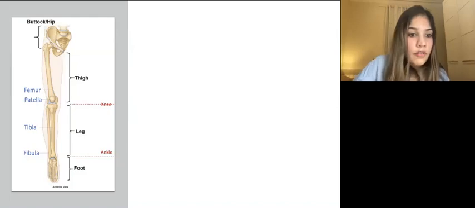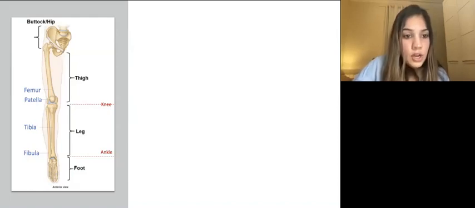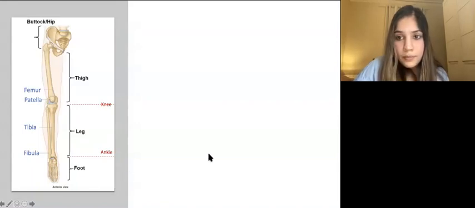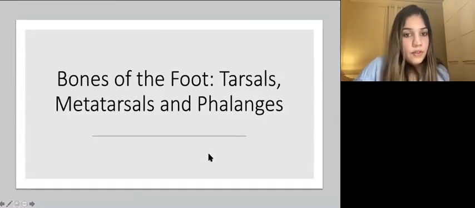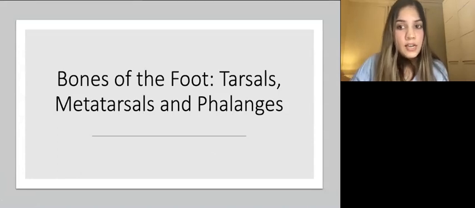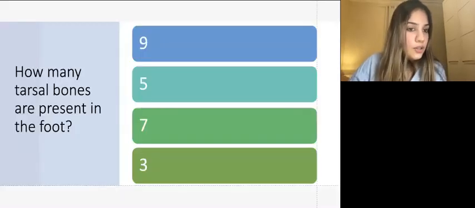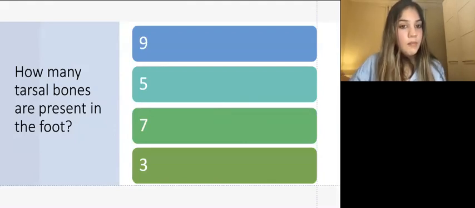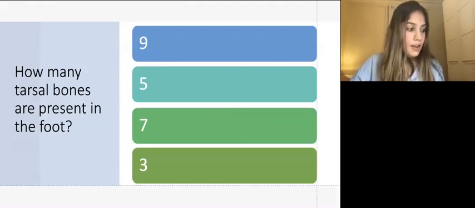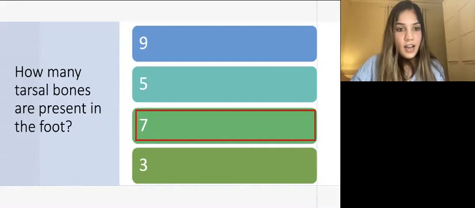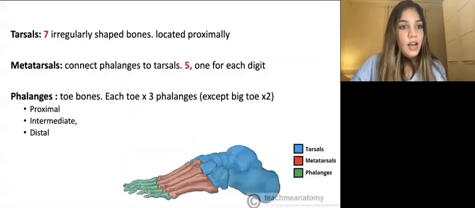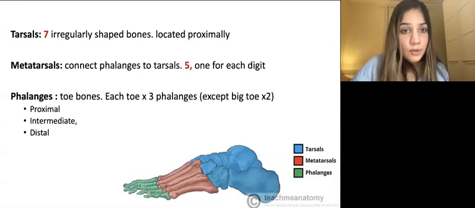Okay, we'll move on from the ankle to the foot, just in the interest of time. So the bones of the foot are the tarsals, the metatarsals, and the phalanges. How many tarsal bones are present in the foot? Does anybody know? Yeah, perfect. So you have 7 irregularly shaped tarsal bones located proximally.